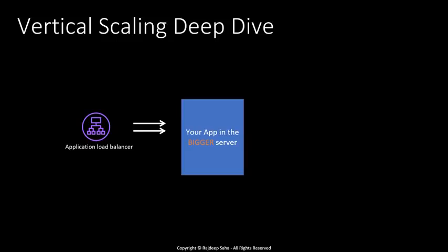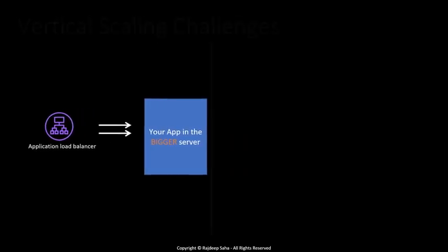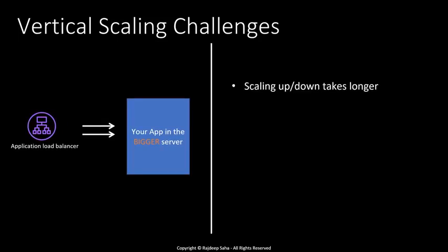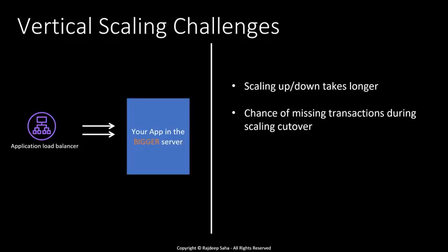You do not want to go back and forth from the bigger server to the smaller server and the smaller server to the bigger server. So summarizing vertical scaling challenges: the scaling up and down takes longer. There is a chance of missing transactions during the scaling cutover, and most importantly, there is a limit to the scaling.